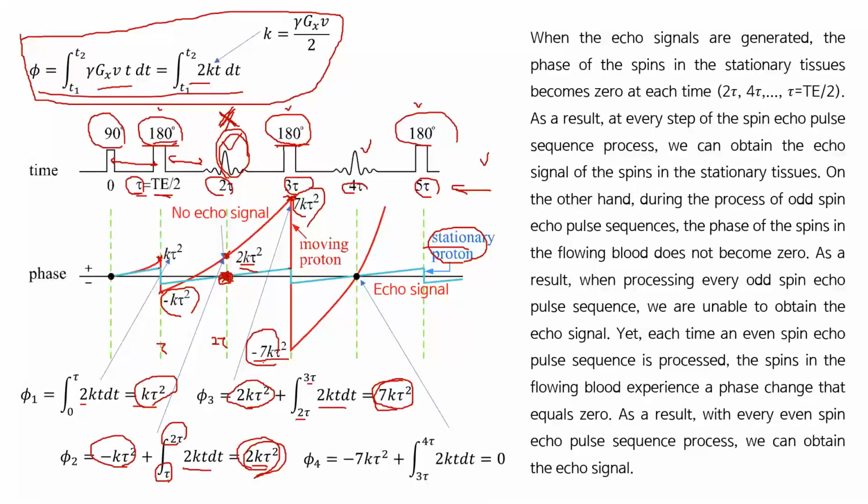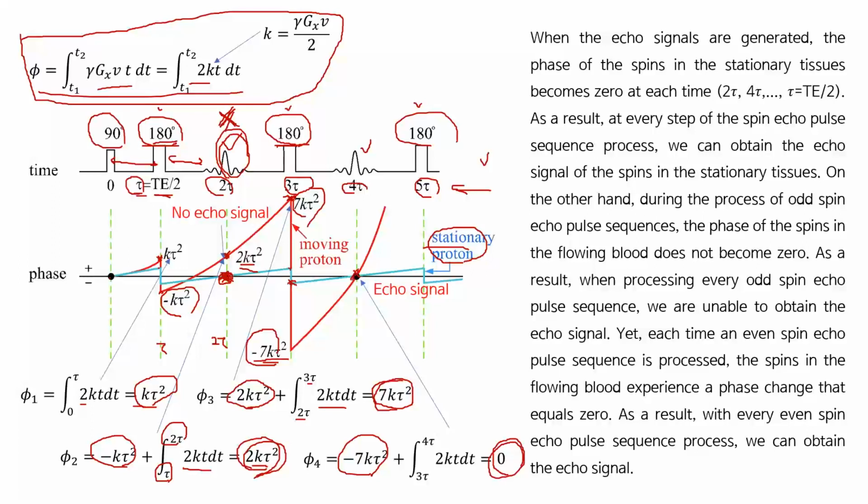So we have minus 7k tau square at this point. And now, starting from minus 7k tau square, and time is 3 tau to 4 tau, the integral then gives 0.